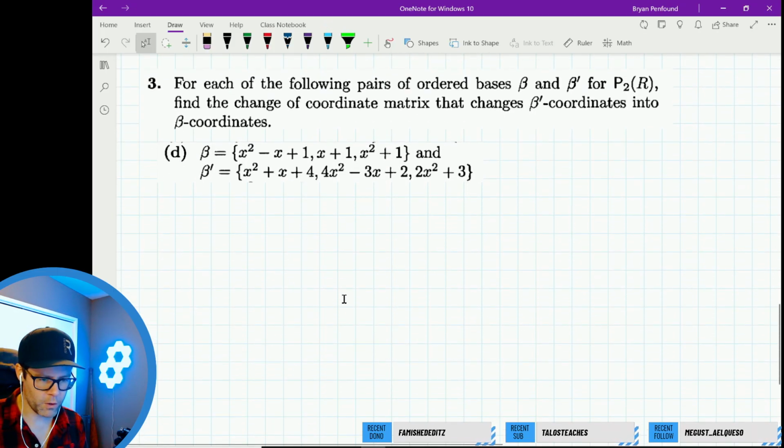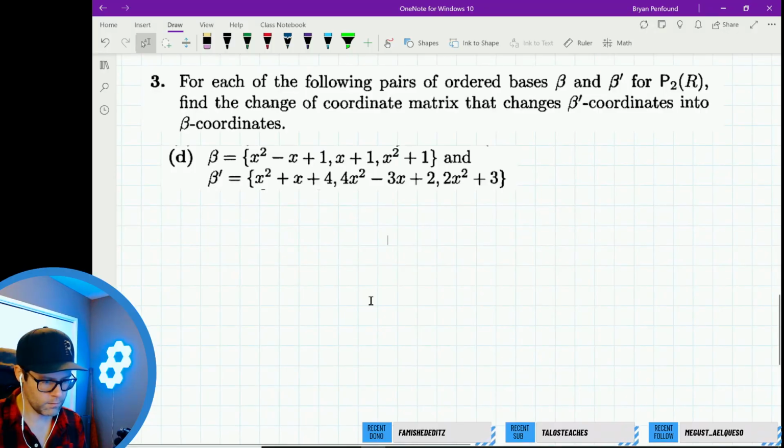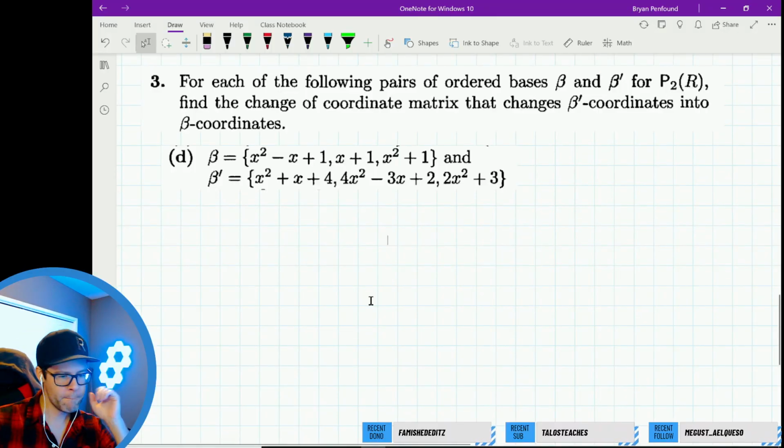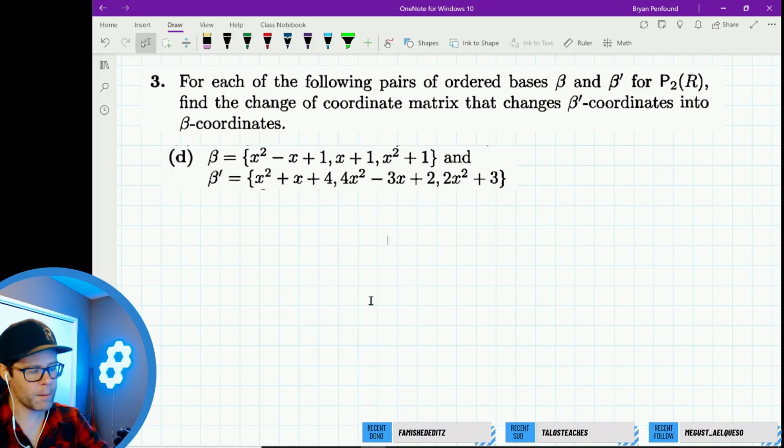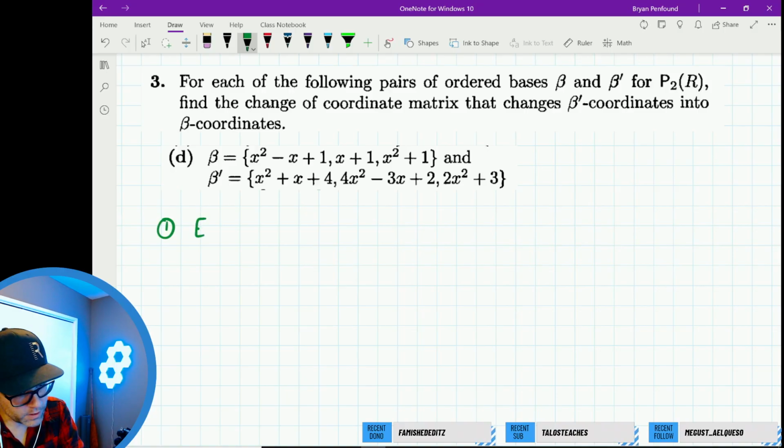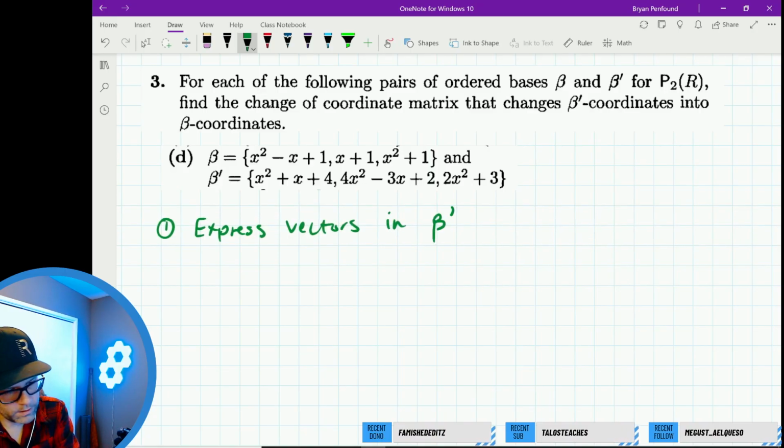Okay, so here's what we want to focus on. Let's make sure we're happy with this. So what were our steps? Step 1 was we needed to express vectors in B prime as linear combinations of vectors in beta.